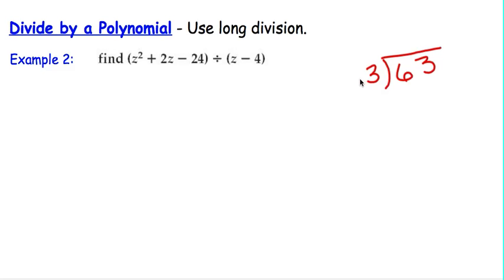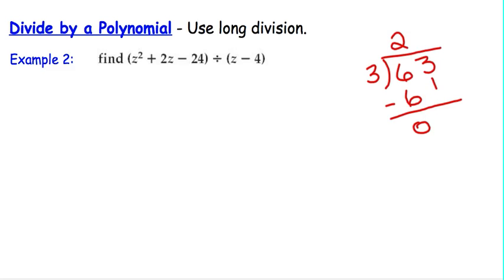What you do is you look at the 3 and see how many times it takes 3 to become a 6. So I need 2 3's, so I'm going to multiply it by 2. So up here I put my 2. 2 times 3 is 6, and that's what I write down here. Now this becomes subtraction. I draw my line. 6 minus 6 is 0.